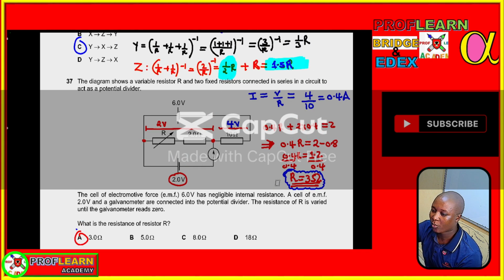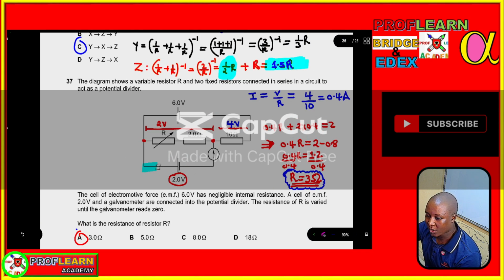So the galvanometer will read 0 because here we know the PD is 2 volts. And if the galvanometer reads 0, then the potential drop between these two points is also 2 volts.